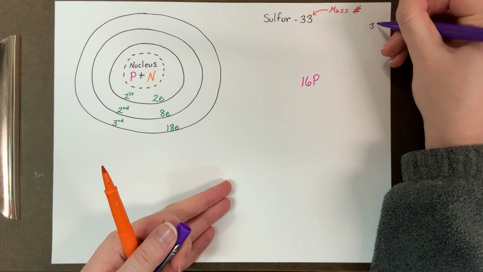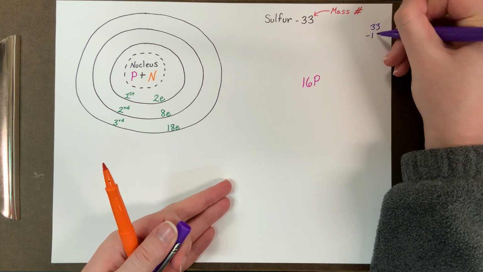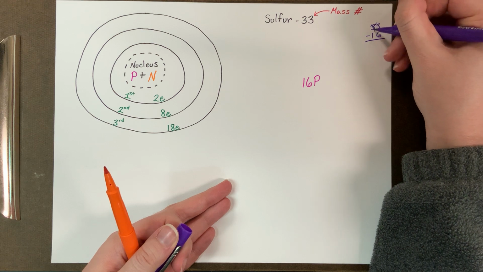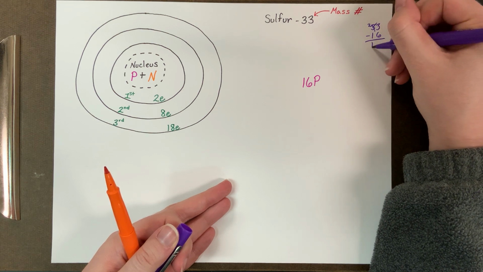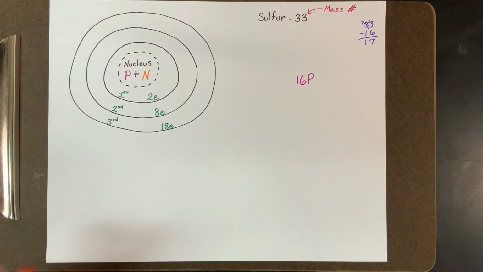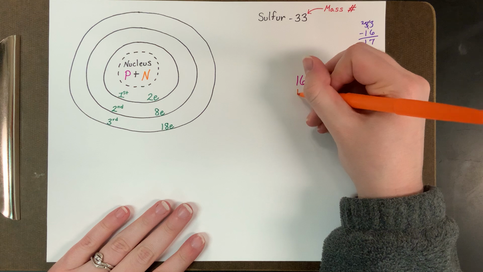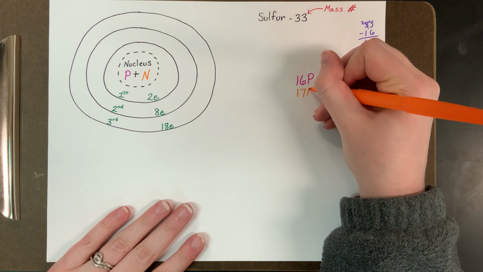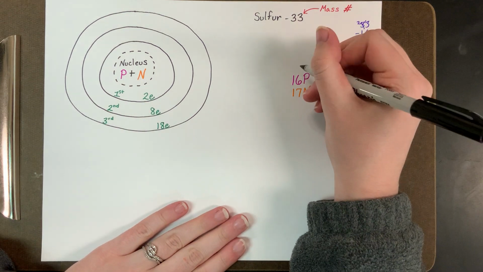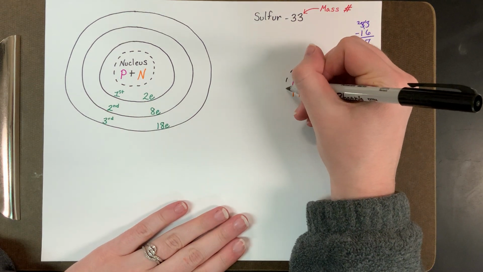I'm going to take the mass of 33 minus 16, and I'm going to do some math so that we find out that we get 17 neutrons. You guys will have a calculator available to you on the test, so do not worry about that. Alrighty, so I'm gonna circle my nucleus.